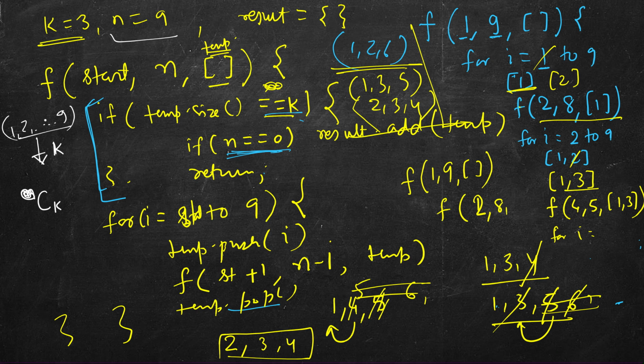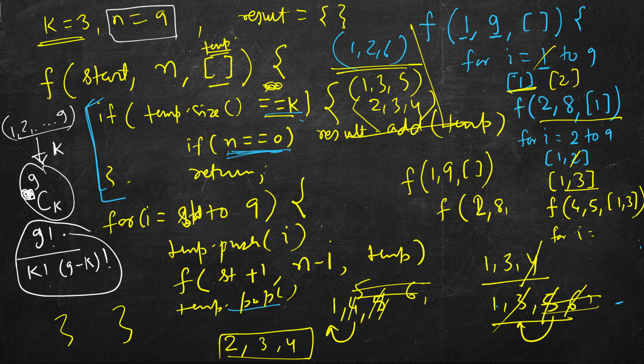In this case, not to be confused with this n, which is the required sum. 9 here. 9 is the total number of values. We have to choose k from them, exactly k. So it's 9 factorial divided by k factorial multiplied by 9 minus k factorial. This is the standard formula for n choose k, here 9. So this is the time complexity.